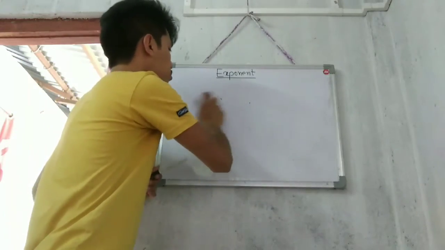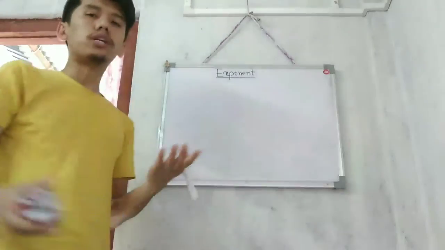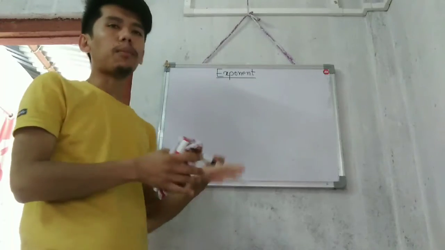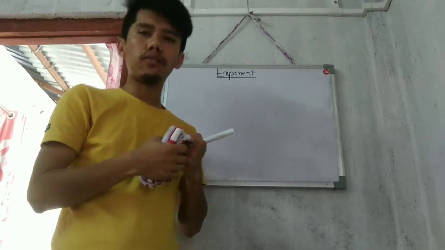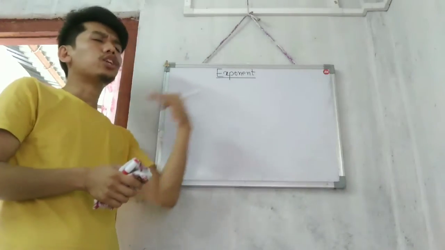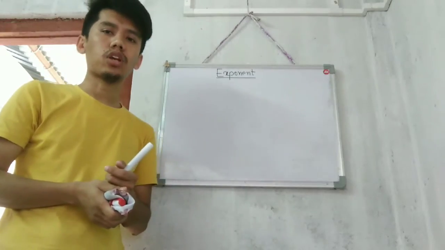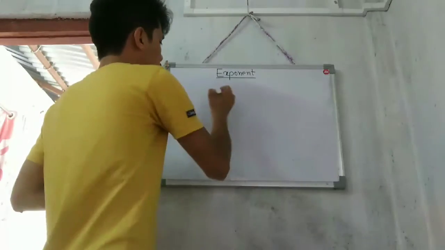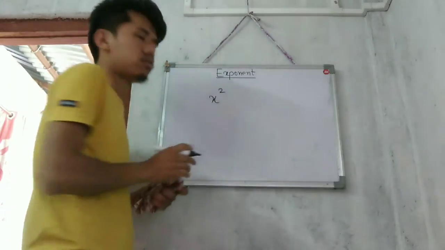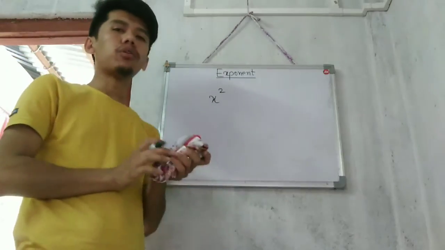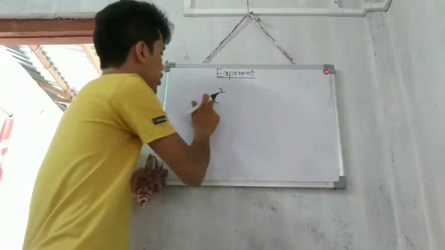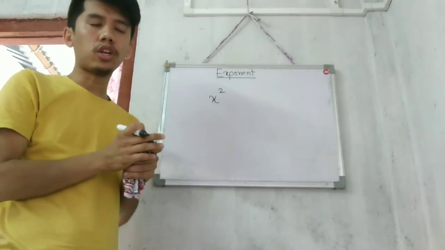So what happens when we multiply these variables? What happens when we divide these variables? Later, along with the formulas, I will give you examples each time. Here, if I say x square, we have the power as well as the variable.